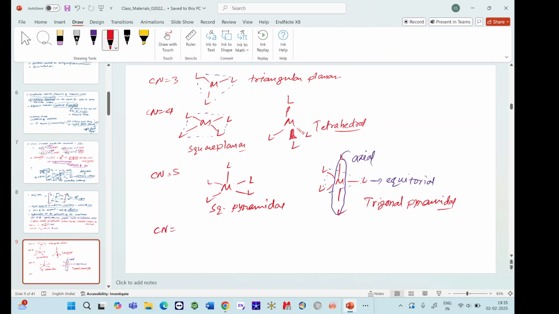Then you can have CN6. CN6 you have two structures. One is called, so you have a plane here. This is called octahedral. And another one you can have.